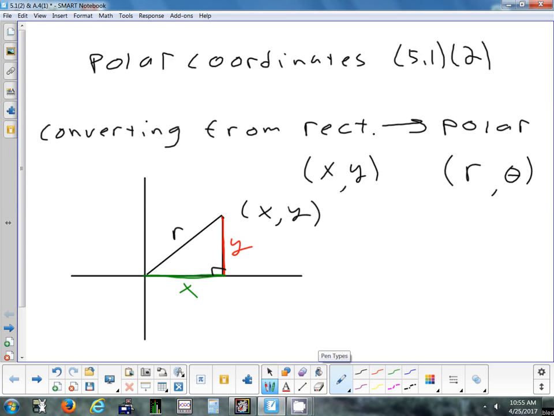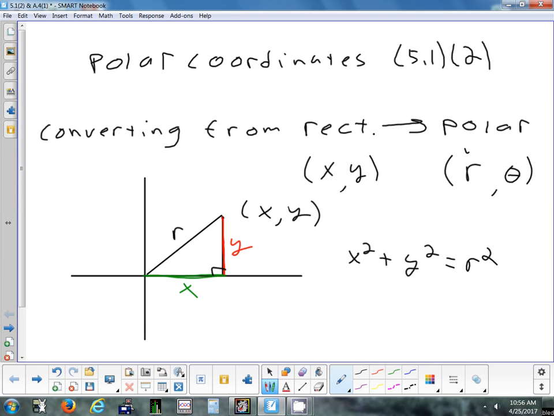And if you know the X and the Y, how can you find the hypotenuse if you know 2 out of 3 sides in a right triangle? Yeah, you can use the Pythagorean theorem. I'm going to write this down on the next page a little nicer, but that's basically the formula you use to find R. But I'll spell it out in steps on the next page. So there's your first formula.